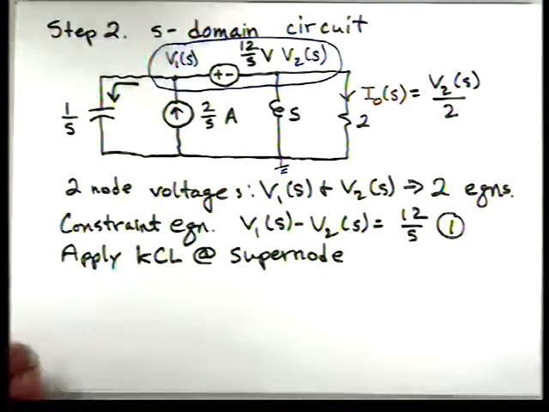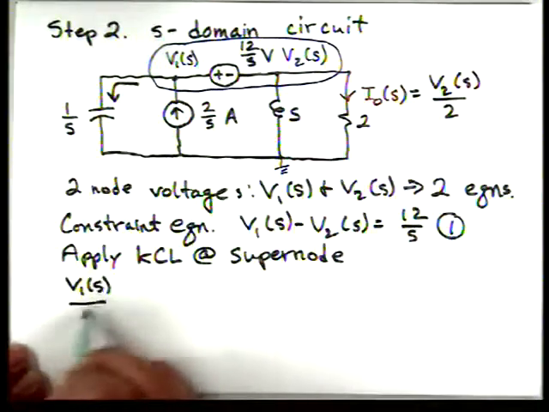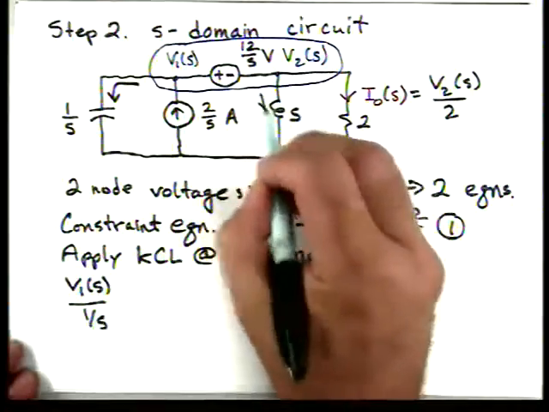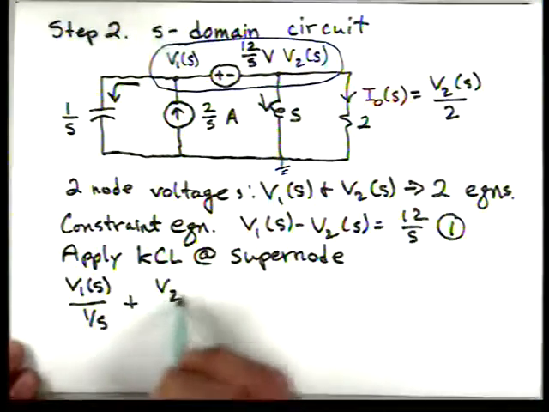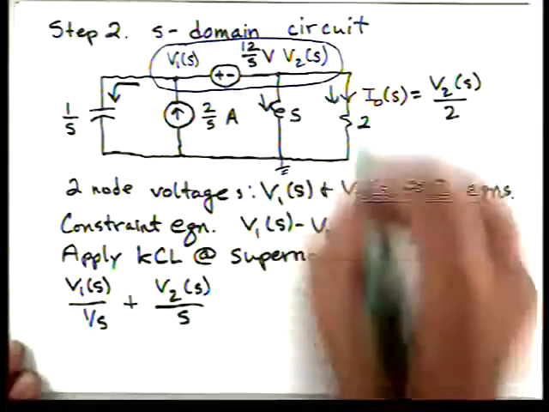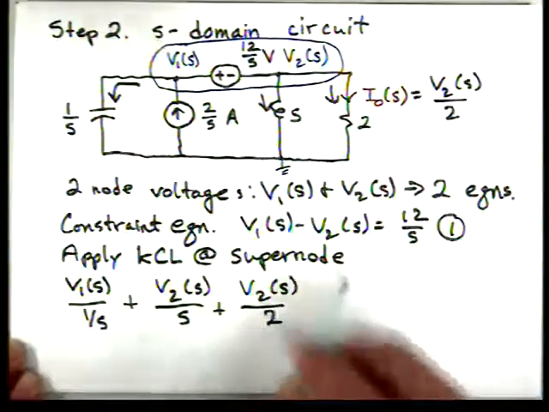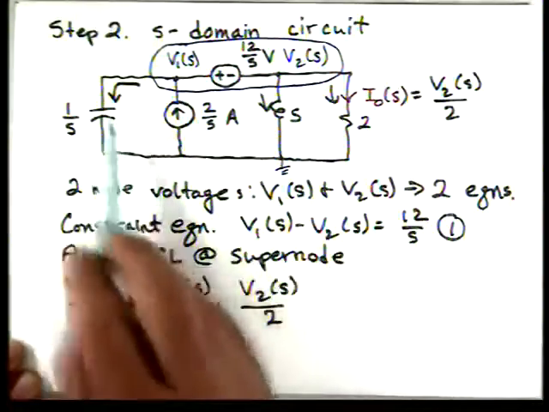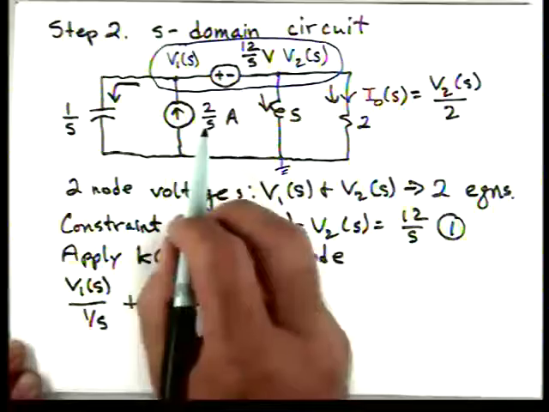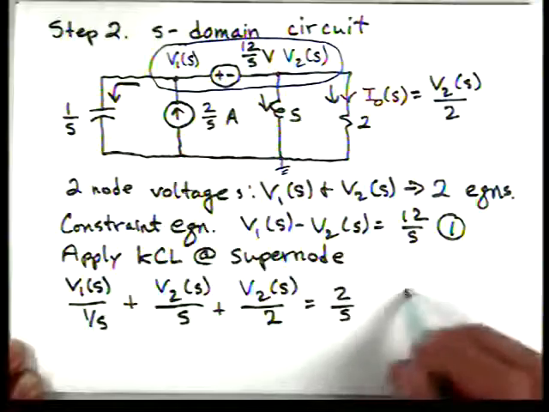So the current leaving through the capacitance is V1 of S divided by 1 over S. We'll have a current leaving through this inductor, that'll be V2 of S over S. Then we have a current leaving here, that's V2 of S over 2. Okay, so we're going to sum currents leaving through the impedances and set that equal to the sum of currents entering from the sources. This current source is entering, so this is 2 over S. And here's our second equation.